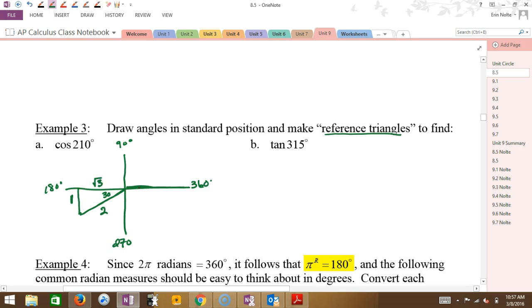But now think of this on a coordinate grid. This x value has to be negative because we're going to the left. What about the y value? Also has to be negative.